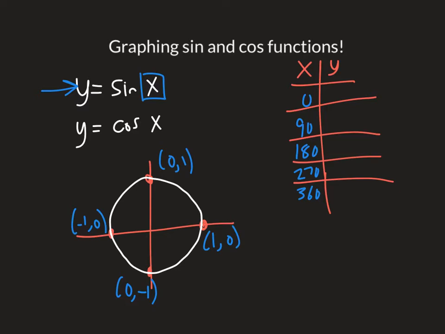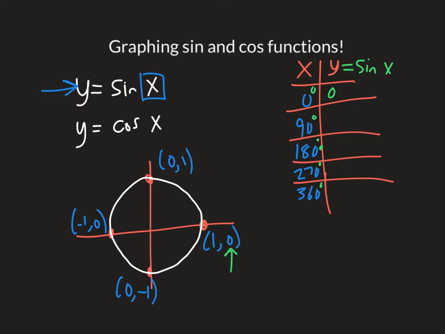So if y in this case is the sine of x, because that's the one we're graphing first, we'll graph cosine later. When x is 0 degrees, remember these are all degrees, what is the sine of 0 degrees? Well, the sine of 0 degrees is just the y coordinate there, so 0.